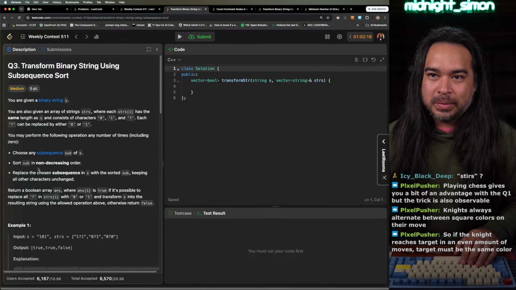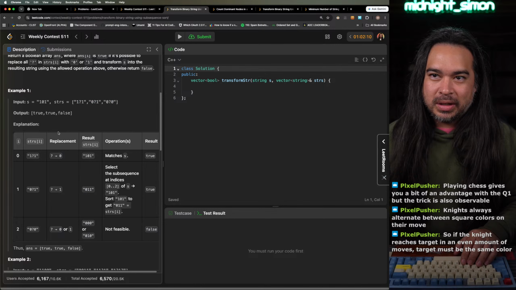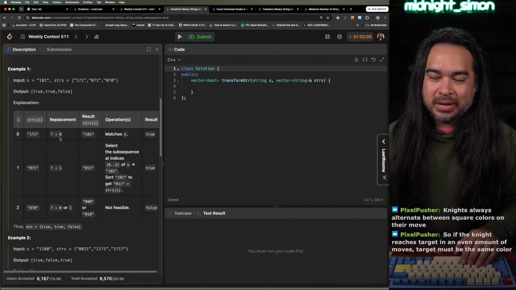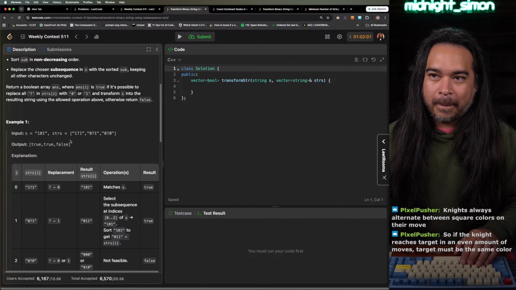Alright, so let me try and understand this problem. 1, 0, 1, they give these strings. We return true, true, false. So replace this with a 0.